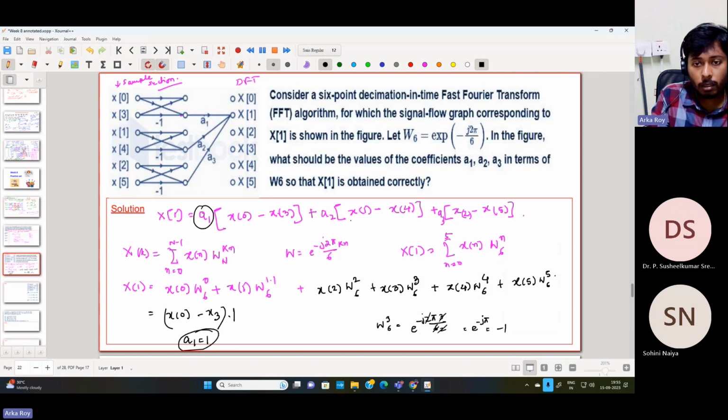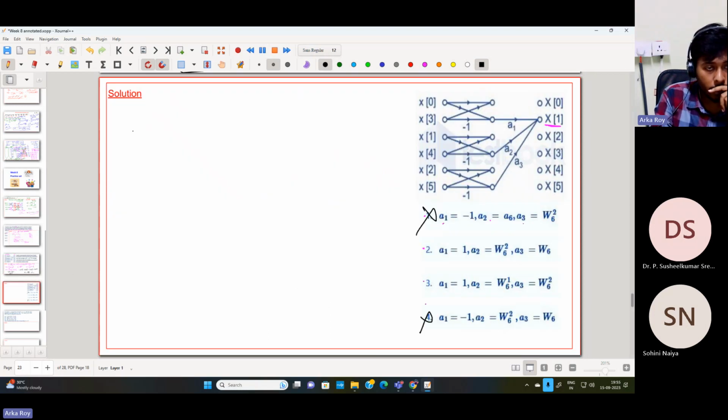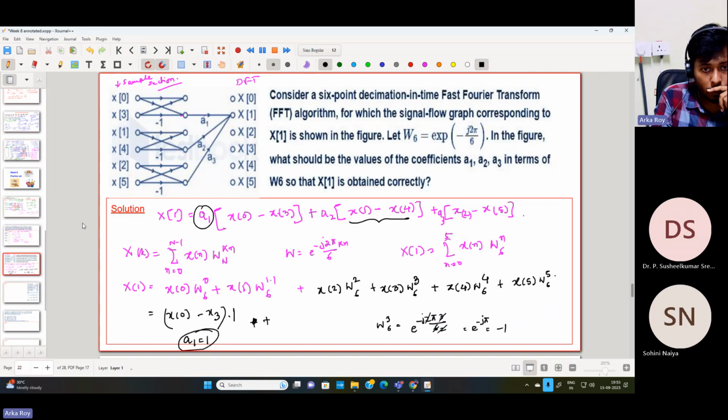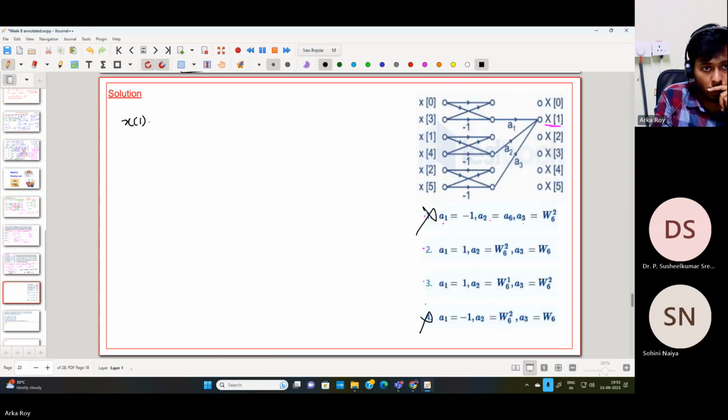Now we need to find x1 minus x4. For x1 minus x4, if I exploit this relation, this is W6 1, and for x4 it is W6 4.